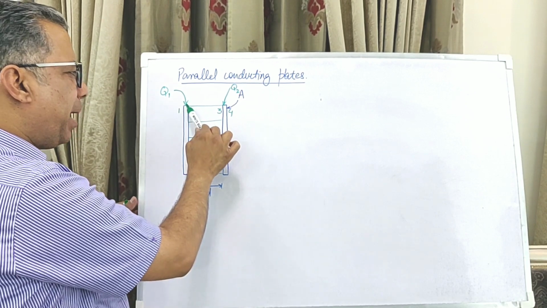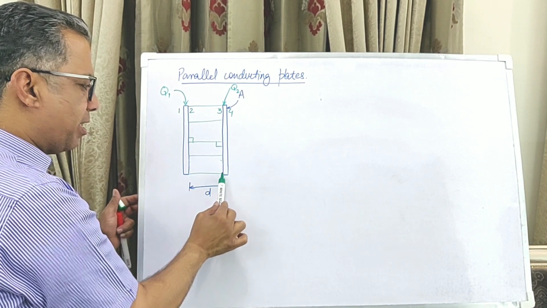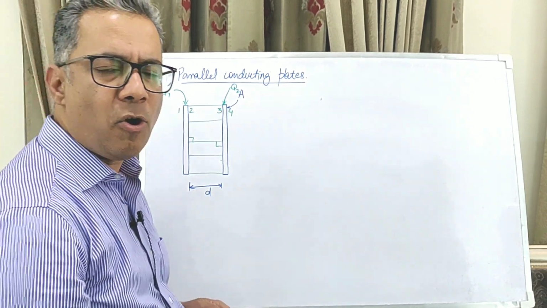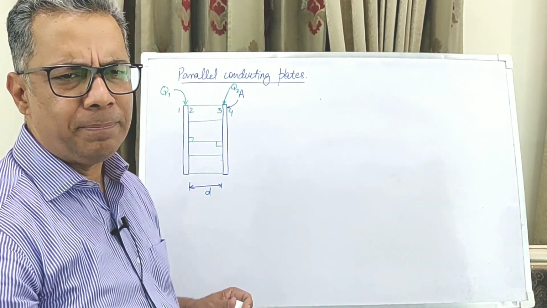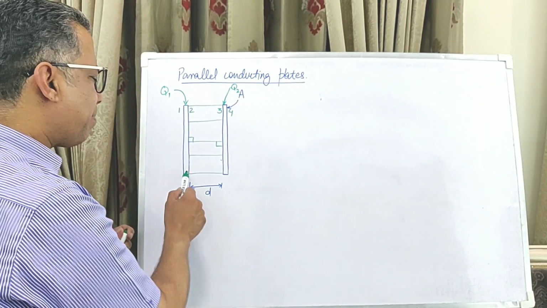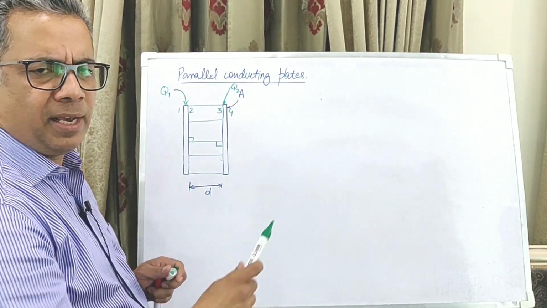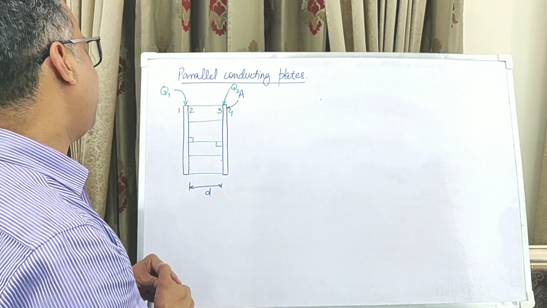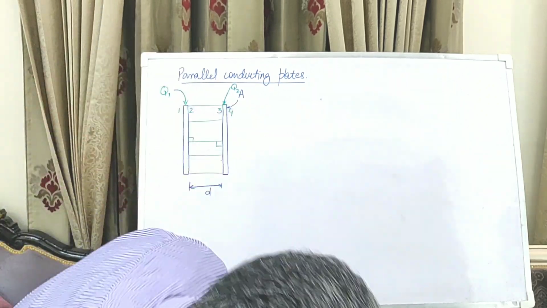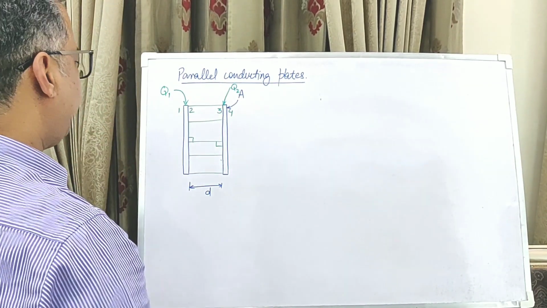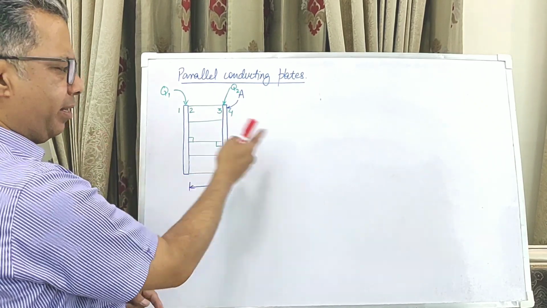There is some bending of the lines around the corners, and that effect is called fringing, but we are going to ignore it because that happens in a very tiny amount of space, and therefore can be neglected.